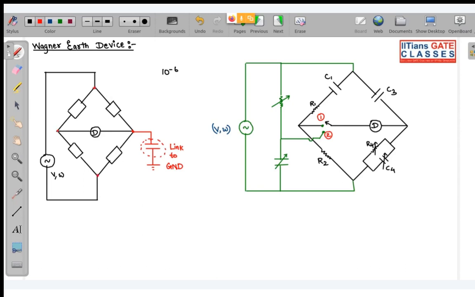And the capacitance which has been generated on all these links, like at this point, this point, this point, these are known as what? Link to link capacitance. Okay.